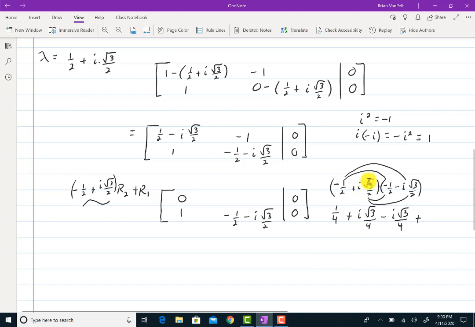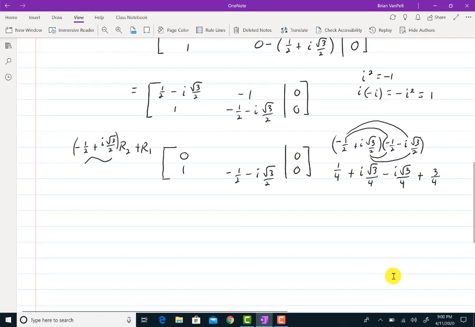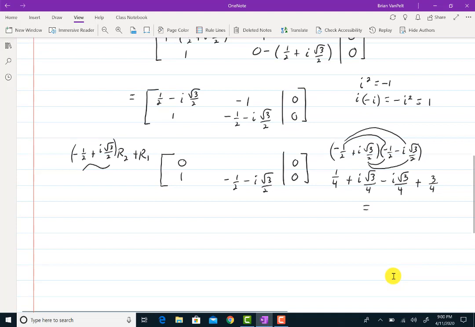So what will happen when I do that last piece, I'll get positive 1 for the i will disappear. But radical 3 over 2 times radical 3 over 2 is equal to 3/4. So when I simplify this all out, the 1/4 plus the 3/4 will be 1. And then this part here with the i's, they actually disappear. So when I multiplied to this piece, I got 1.